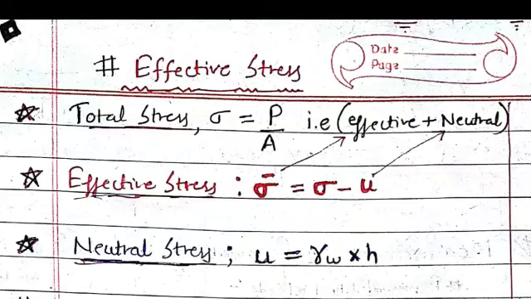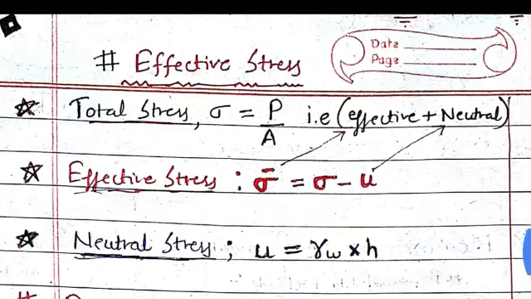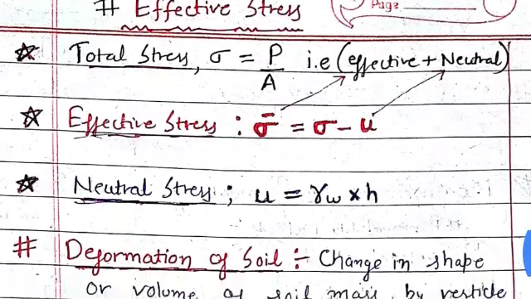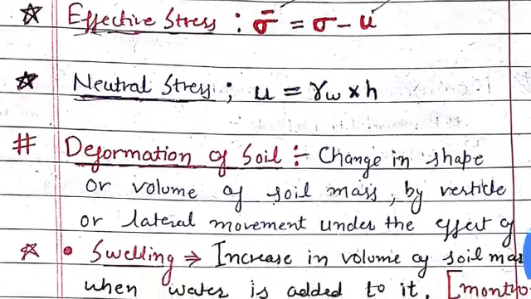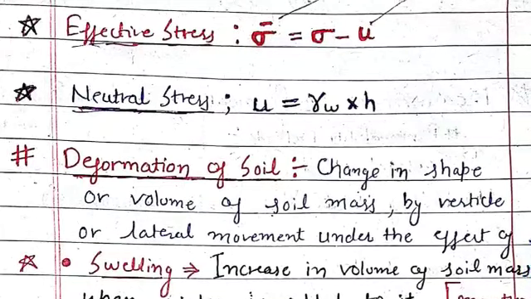And second one is effective stress, denoted by sigma bar equal to sigma minus mu, where sigma bar is effective stress, sigma is total stress, and mu is neutral stress. And neutral stress is equal to gamma w into h, that is unit weight of water into height of water.